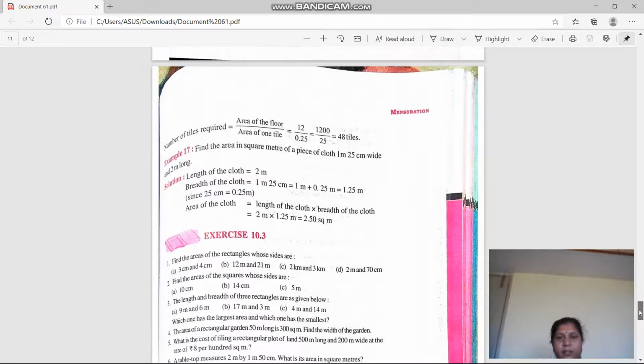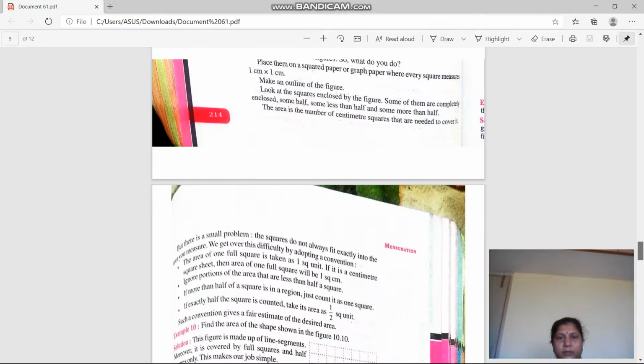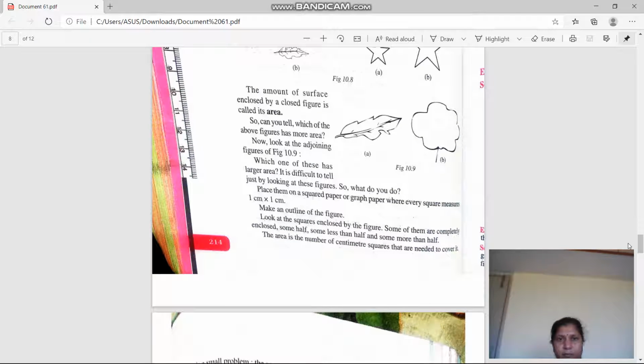I have not printed exercise 10.2, so please see page number 216 in the book.